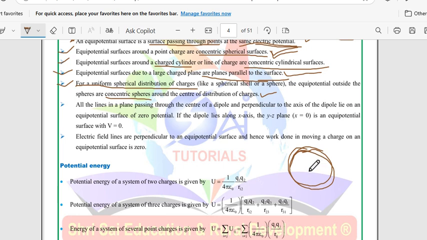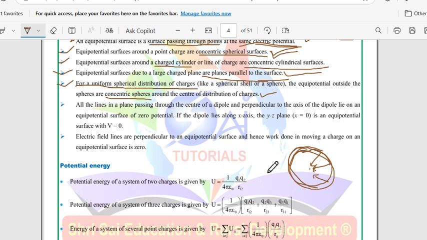I have told you already, concentric means the surface is balanced towards the center. It has some kind of origin, so the whole outside surface is balanced towards the origin. So the equipotential surfaces outside the spheres are concentric spheres around the center of distribution of charges.